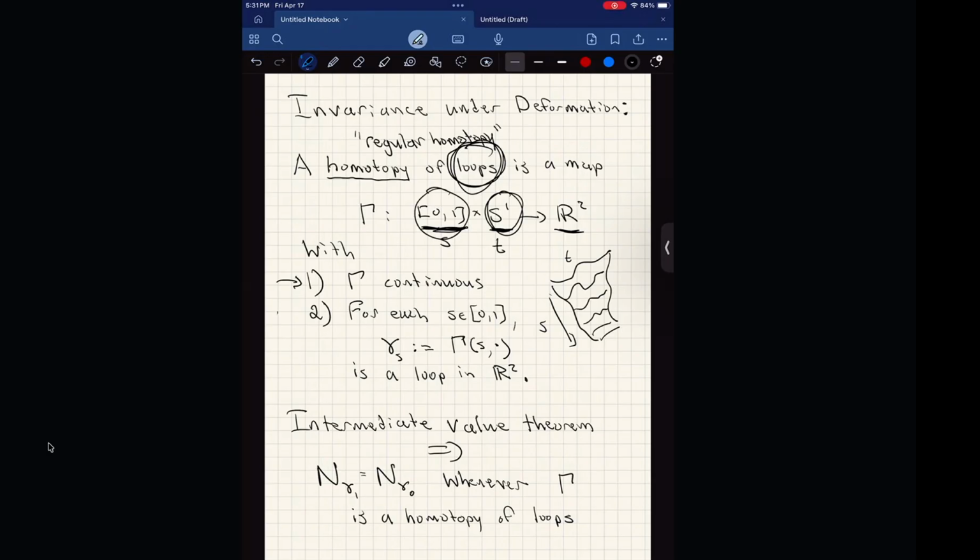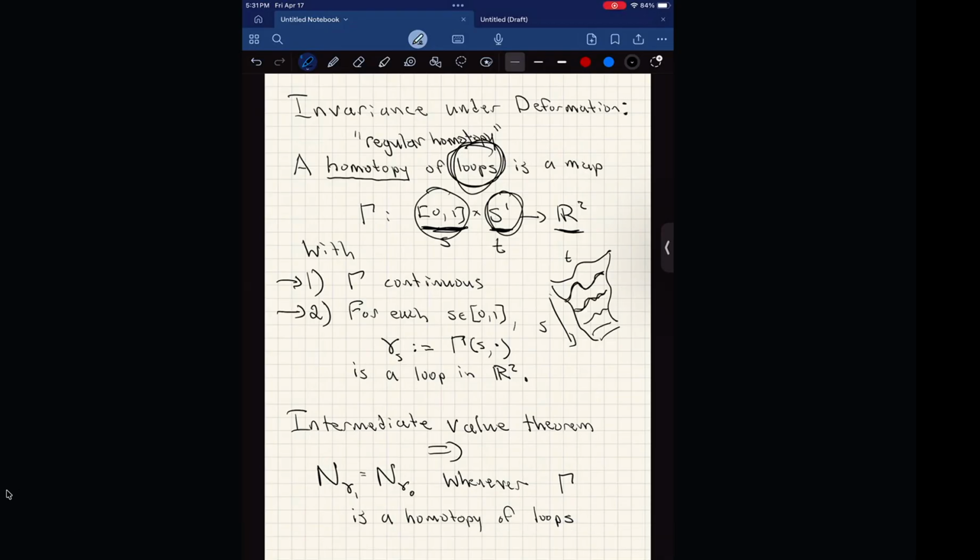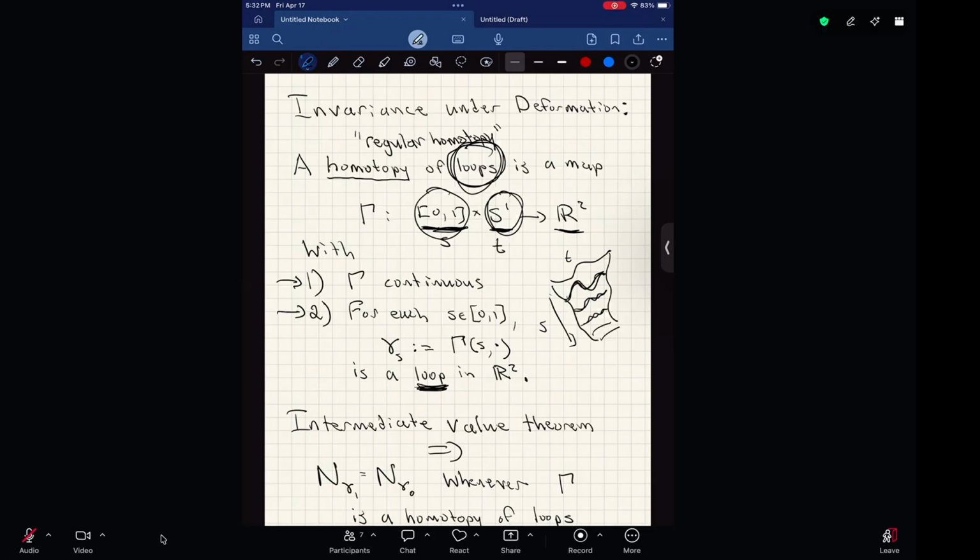And also importantly, each s slice, if I move in the t direction, I want it to be the type of loop I was talking about before. So in particular, if I move in this direction, I have a continuous non-vanishing velocity at every point.